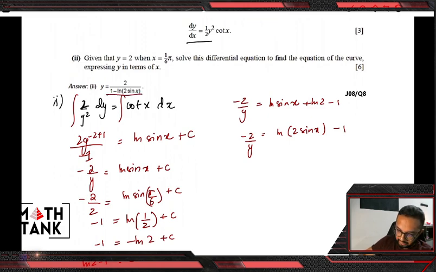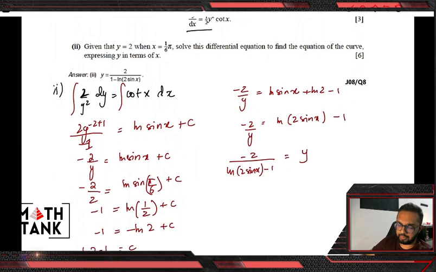Since I just need to make y the subject, I can just say minus 2 over that. I'm not looking at the answer right now, but that's the same answer that's there in the marking scheme as well. If you want to copy the exact answer, you just take the impact of the negative in the denominator, and that should work out as well.